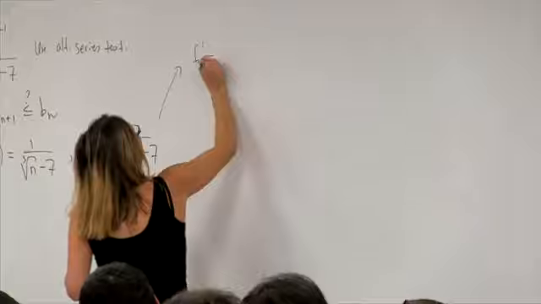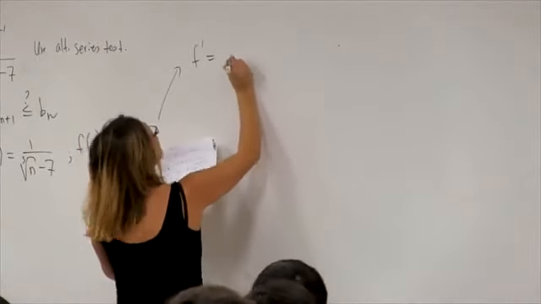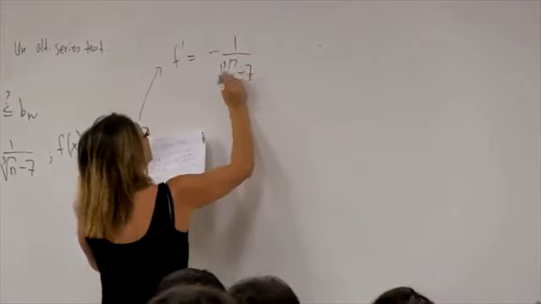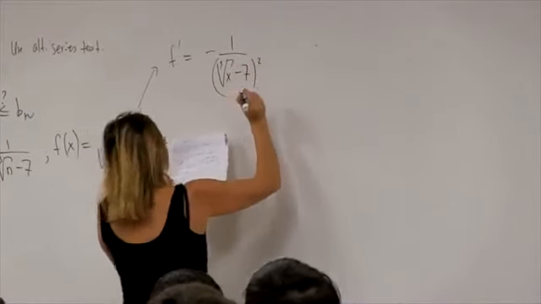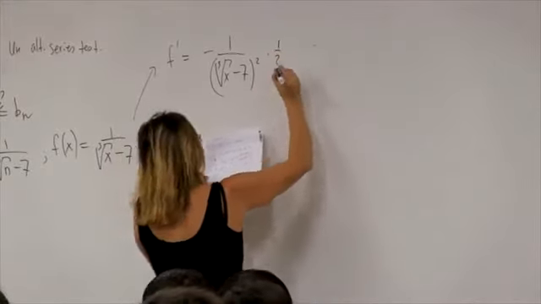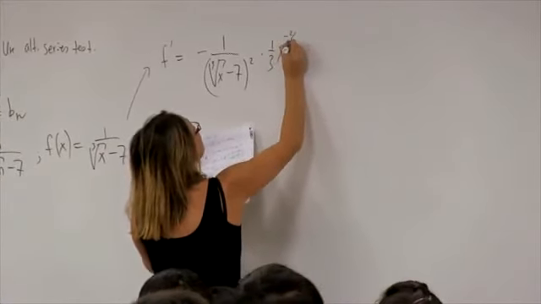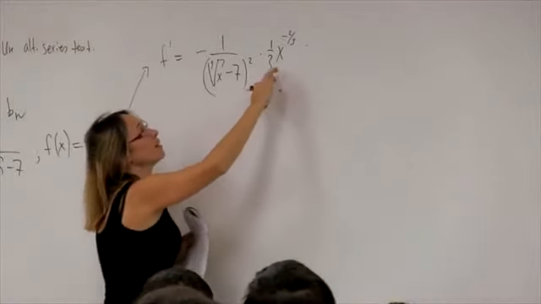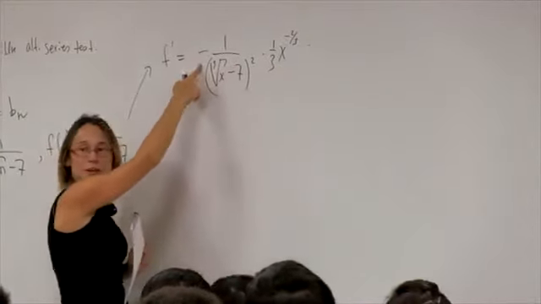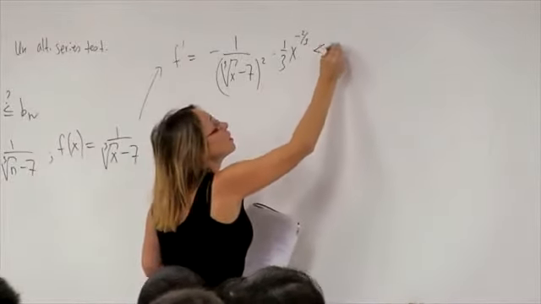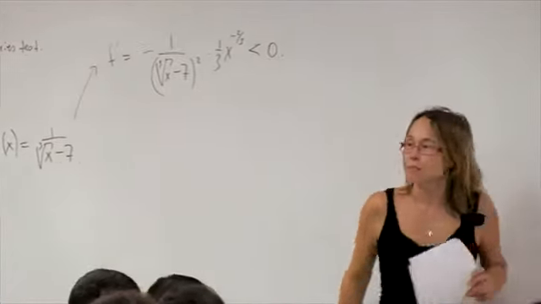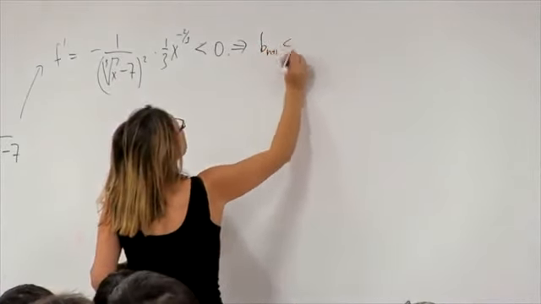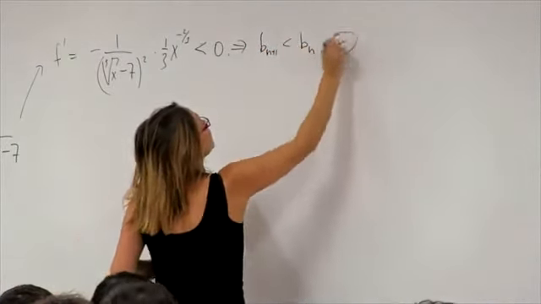So f prime is given by cube root of x minus 7 squared times 1/3 x to the minus 2/3. You can see that this is a square, this is the power of x, and I have a minus sign. So the function decays or decreases. Therefore, Bn plus 1 is going to be smaller than Bn.